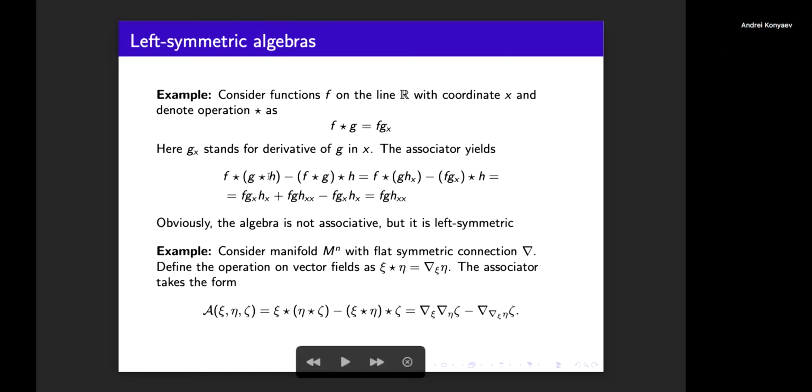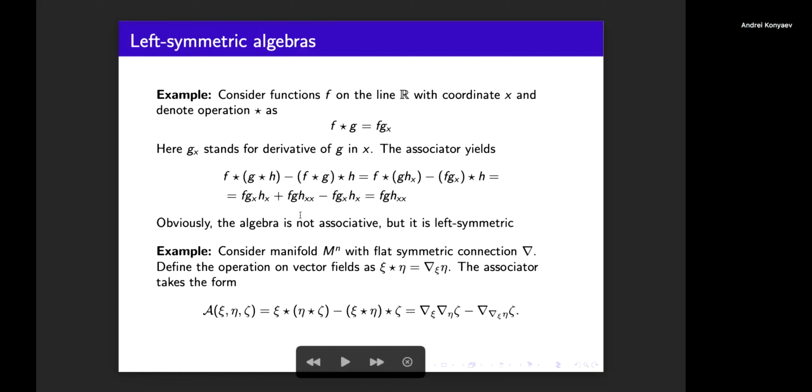Here, gh gives us g h_x. Then fg gives us f g_x. Then here we need to differentiate this and multiply, and we get this. And here we need to differentiate this, and by the Leibniz rule, we get g_x and h second derivative in x.